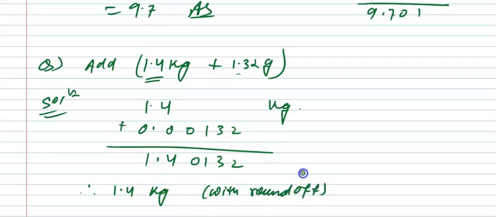Okay, so these are the significant figures. Multiplication and division are as simple as it is in addition and subtraction. So getting it, everyone?